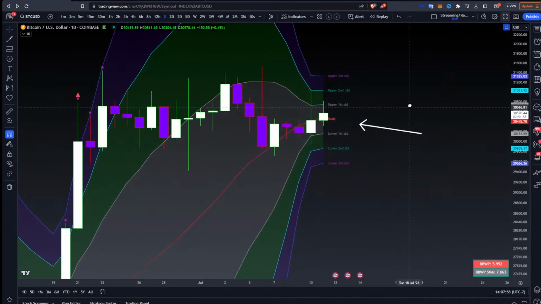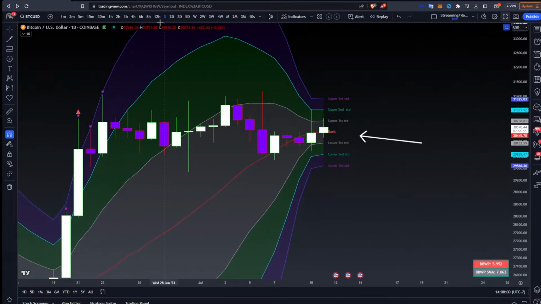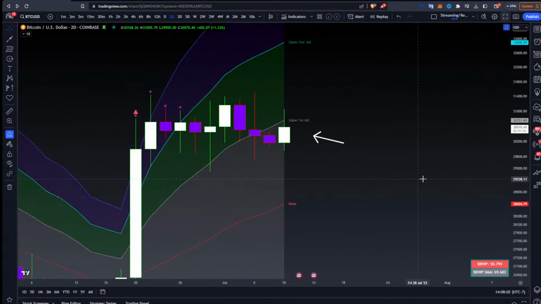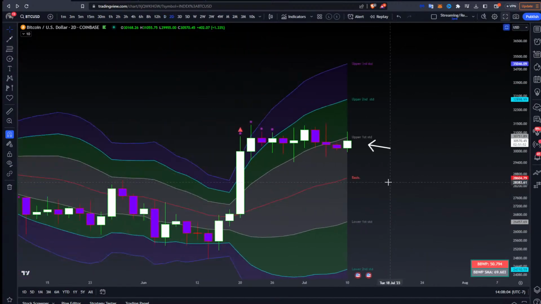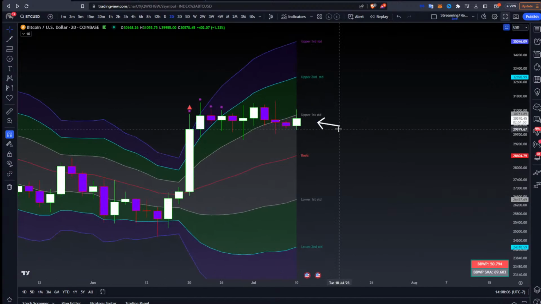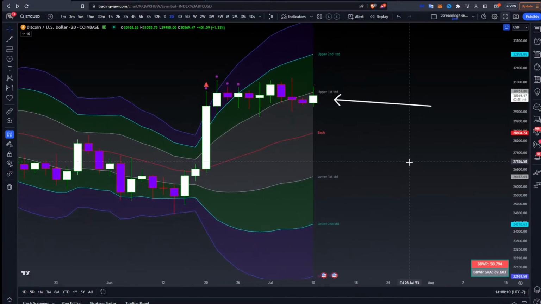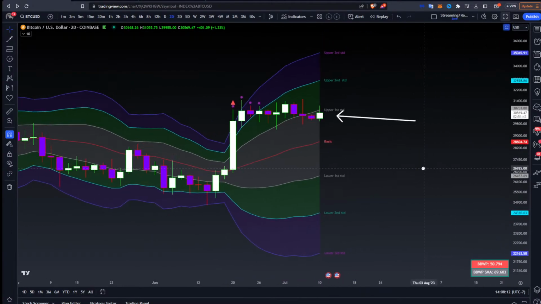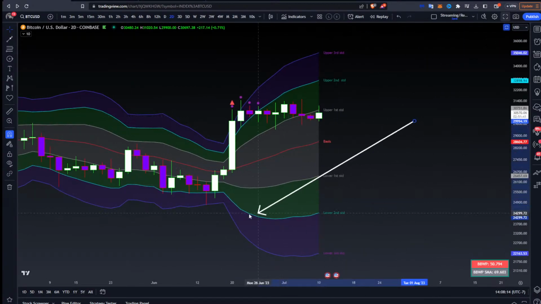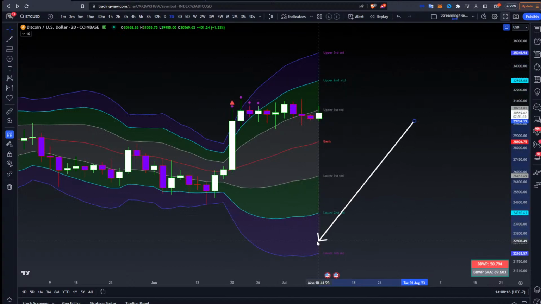And I want to call this out too, because the 2-day is presenting an interesting setup. This is going to be an if case, but you can see that the Bollinger Band set on the 2-day is pretty spread out here. So we have a wide set of standard deviations of the Bollinger Bands here.